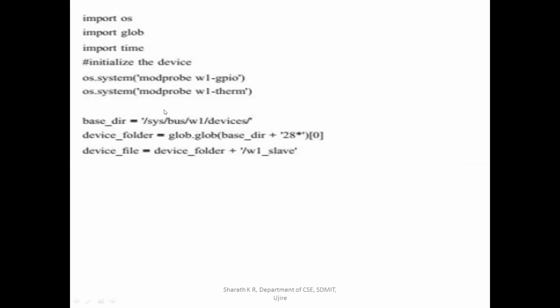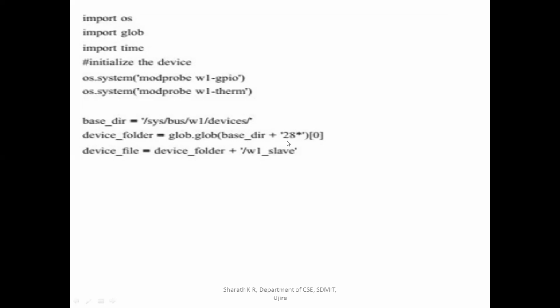Once this device is added, we open the corresponding base directory of the devices folder, and we make the base directory /sys/bus/w1/devices. Once this devices folder is accessed, we look for the directory which begins with 28.